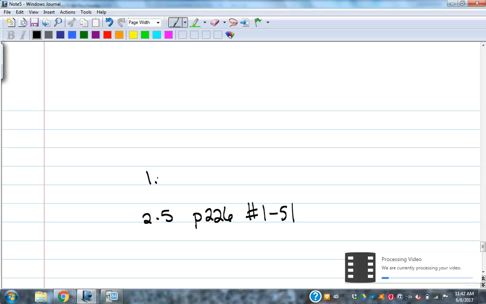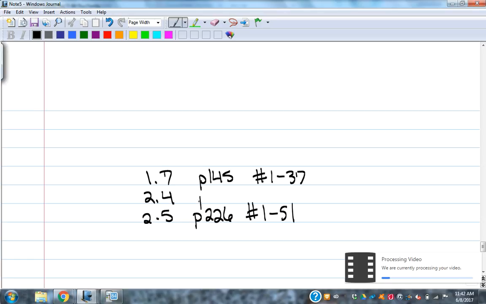In section 1.7, page 145, 1 through 37, some good ones to look at just to get you some practice. And here, I think I've got the rest of them. Yeah, there we go.